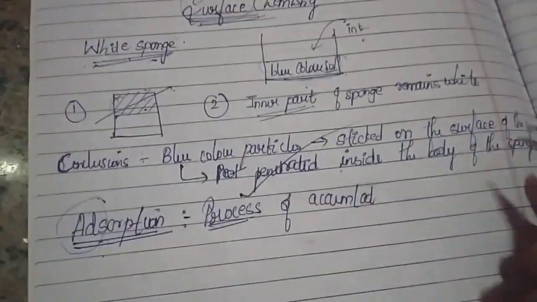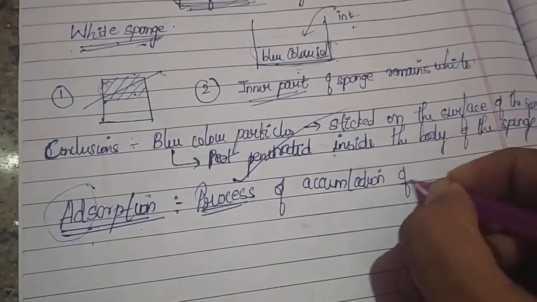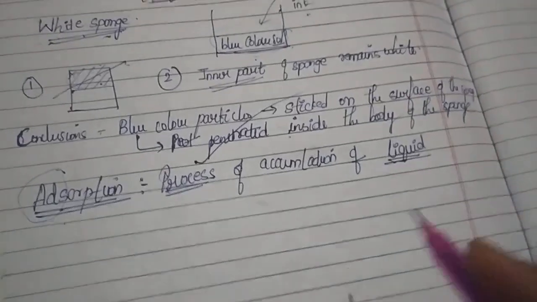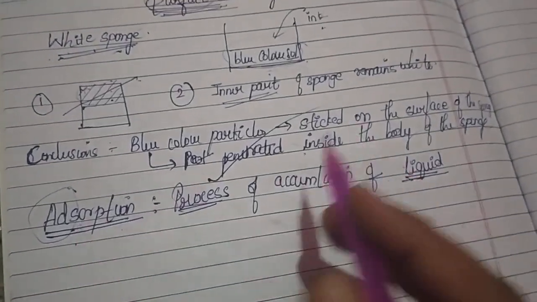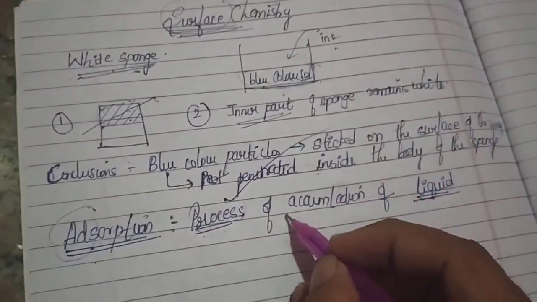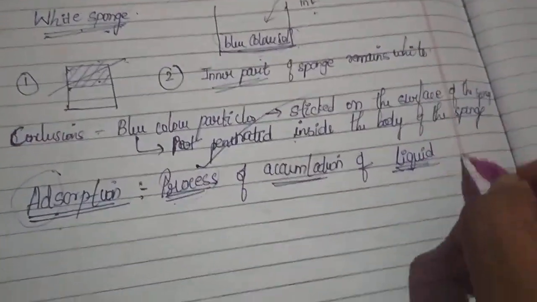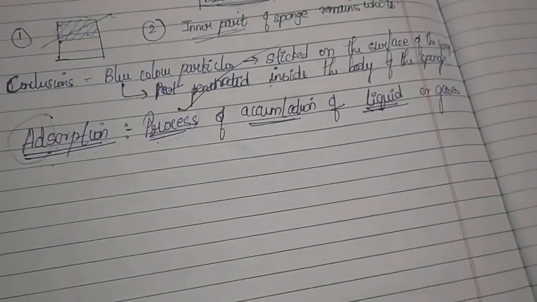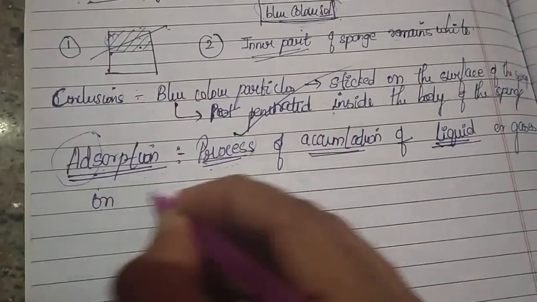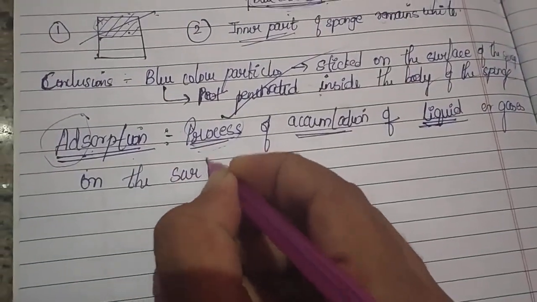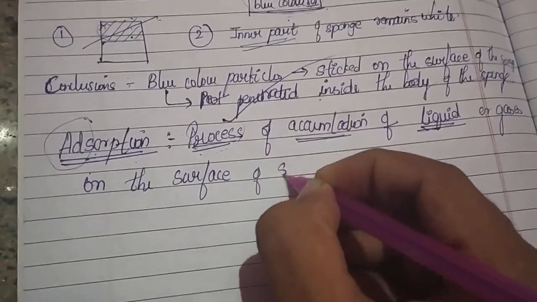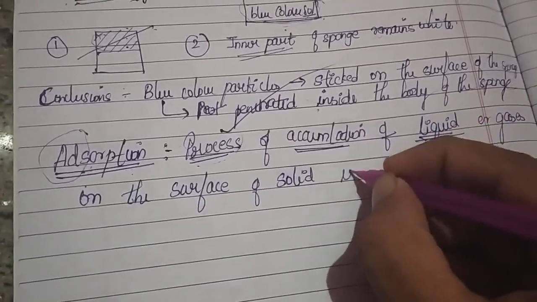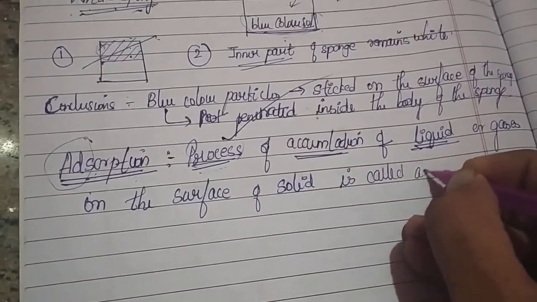Accumulation of liquid or gases on the surface of a solid is called adsorption. I'm very specific about my matters.